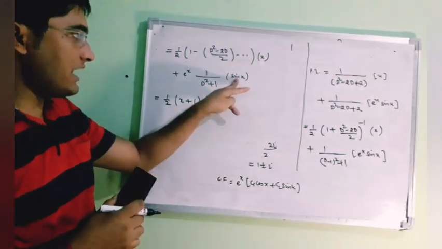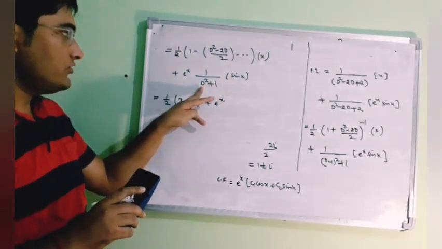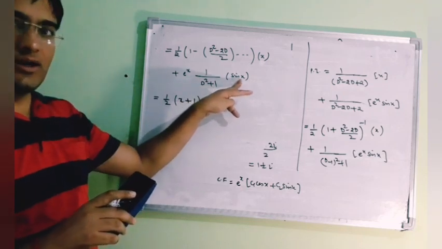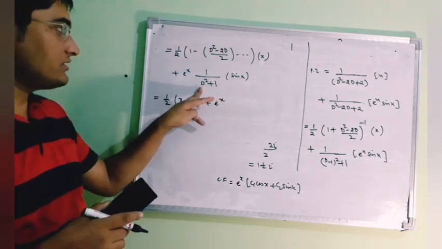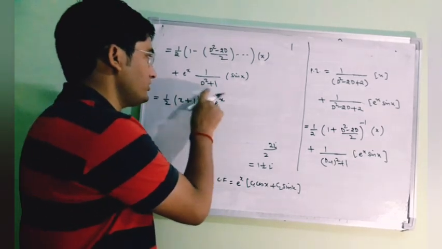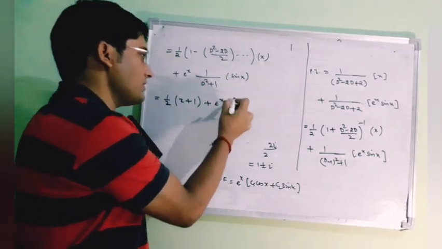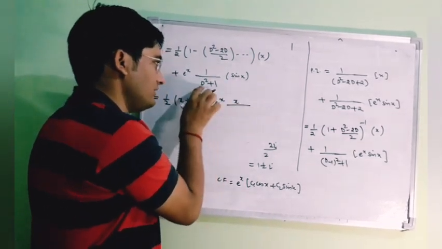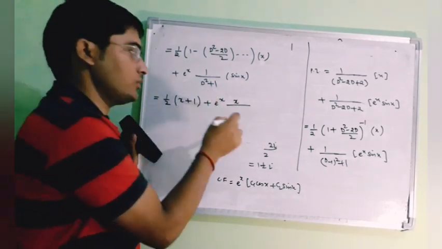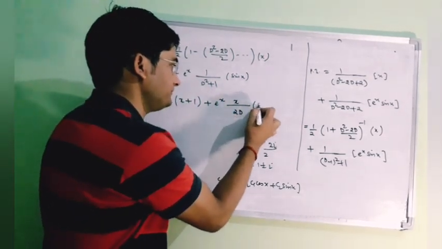And here if you put D square as minus a square, sin ax, a is 1, so if you replace your D square by minus a square, that means minus 1, then you can see that this is 0. So to get rid of this, we will multiply x in the numerator, and here the differentiation of D square will be 2D, so we will have 2D.